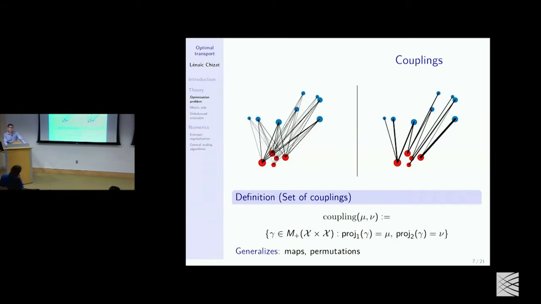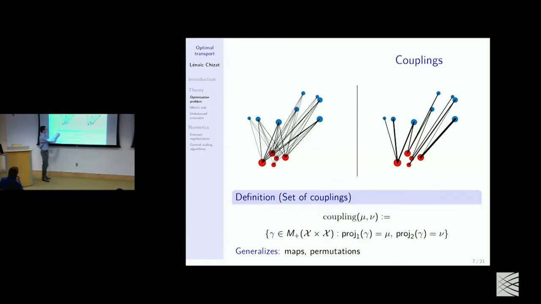so here is another way to think of those couplings. It's just another representation to help you think about these objects. Here, my two distributions of mass are sums of weighted points in the 2D plane. And here is an example of a coupling which scatters mass.